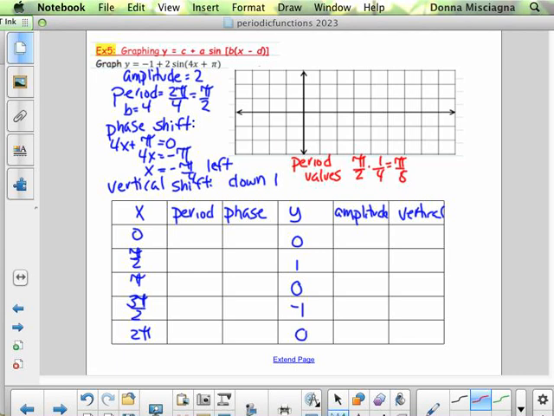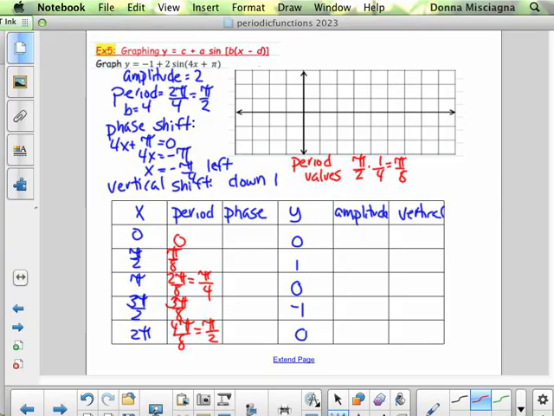We're going to start at 0 and count by pi eighths: pi eighths, 2 pi eighths, 3 pi eighths, 4 pi eighths. Then we can reduce 2 pi eighths to pi fourths and 4 pi eighths to pi halves. Notice that's the same as the period. It has to be. If not, we have a mistake.